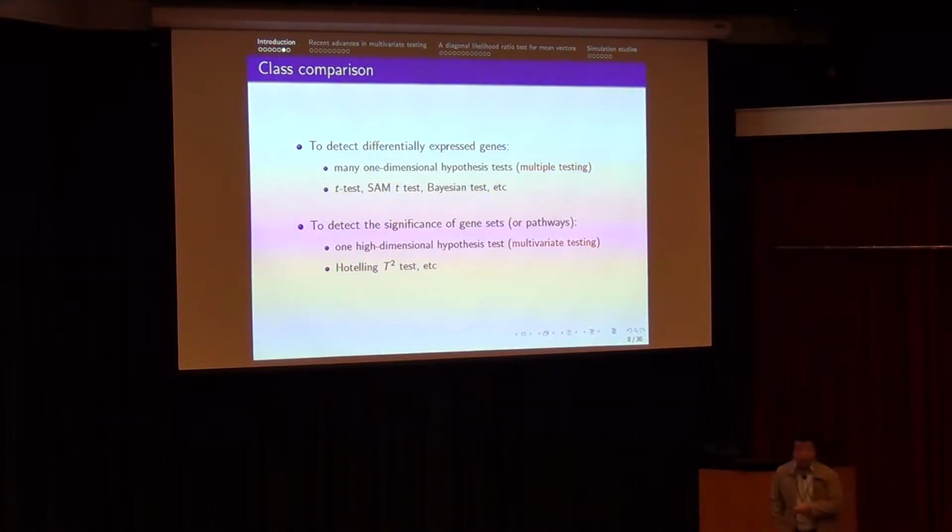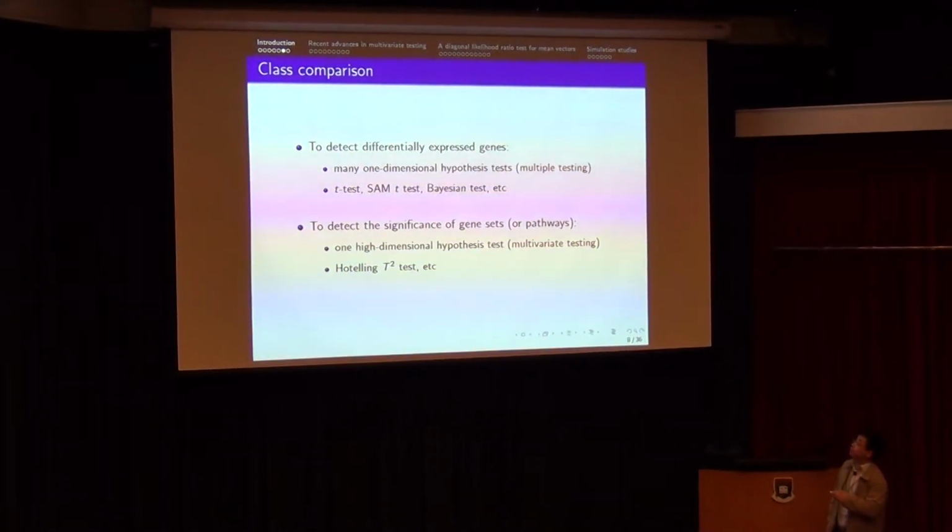Now assume we are interested in class comparison. As I just mentioned earlier, we want to detect the differentially expressed genes, the red and the green ones. For each gene we run one test, so for many genes we have many one-dimensional hypothesis tests.